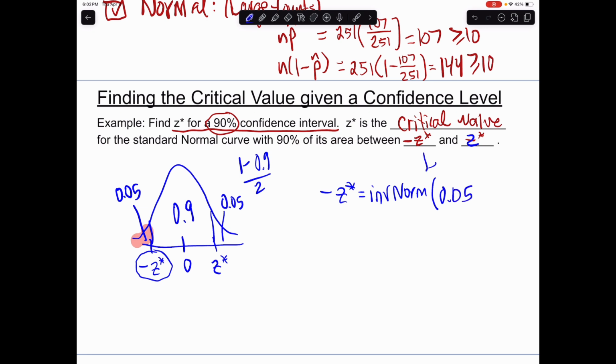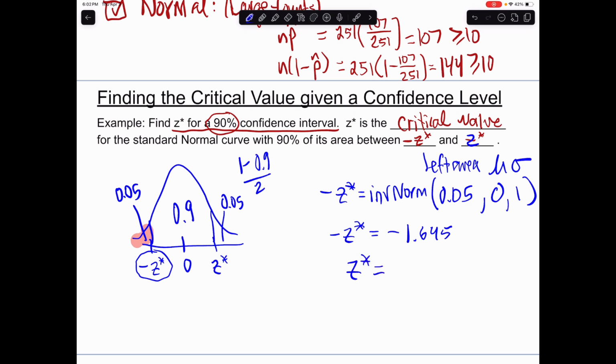We use that left area, the mean and the standard deviation, and we can get our calculator to give us the tick mark, which in this case is negative 1.645. I can divide both sides by negative 1 and get this. So this is just what I plop into my formula, and it works out.